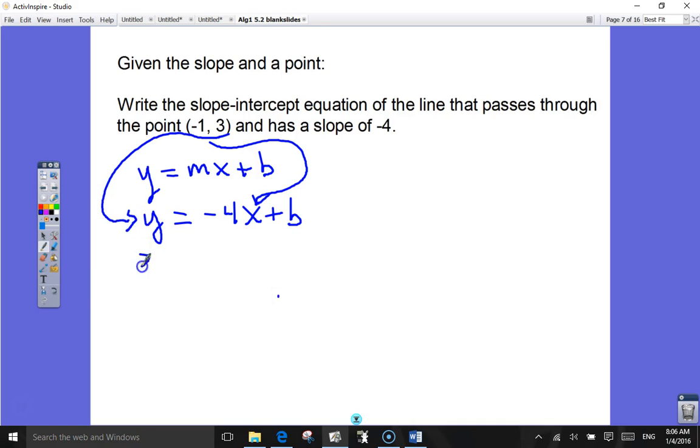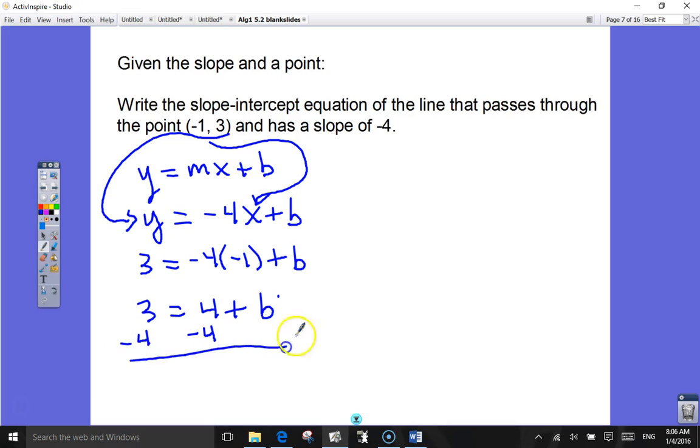So that'll look like 3 equals -4 times -1 plus b. 3 equals 4 plus b. Solve for b. Subtract 4. -1 equals b.